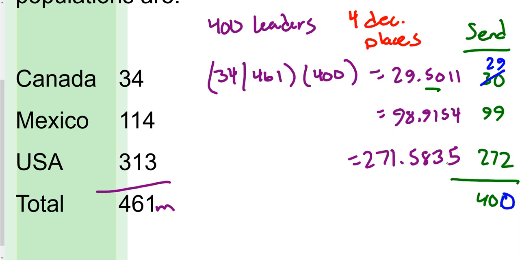If USA instead loses one, so let's go over here. Let's say, for our purposes, USA loses one instead because they were so much bigger than everybody else. Now this is 400 again.